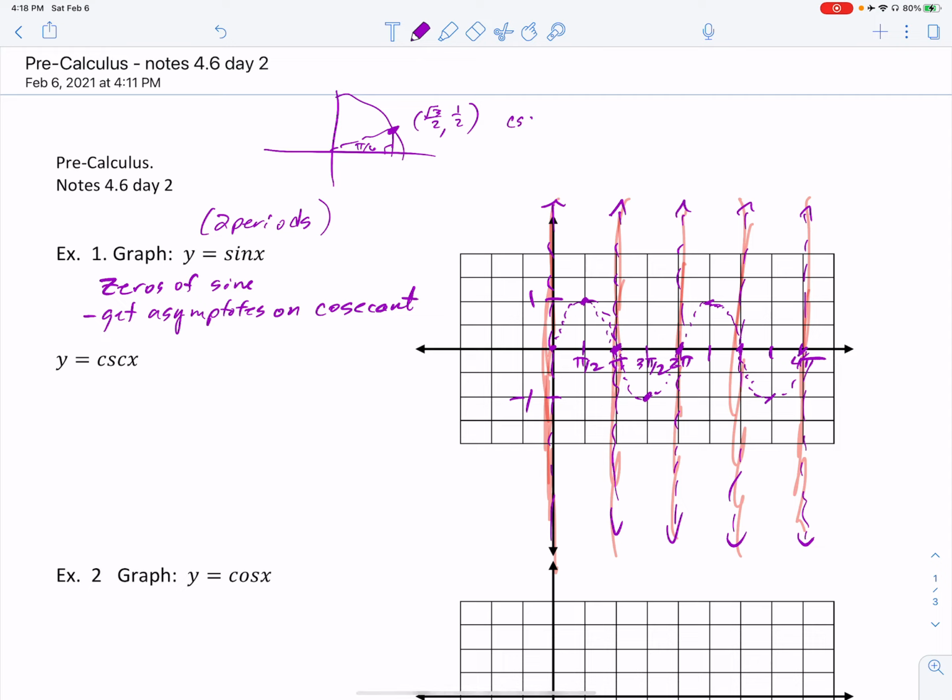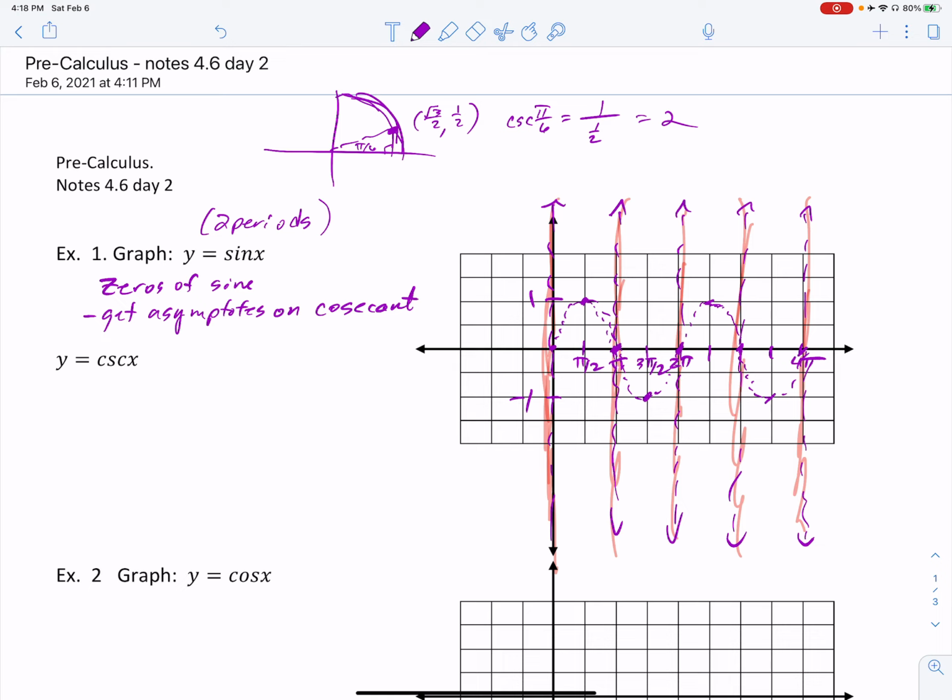So the cosecant of pi 6 is going to be 1 over the y coordinate, and it's going to be 2. And that's what happens all the way as we go through that first quadrant, is when you do the reciprocal of values between 0 and 1, you get values that are larger than 1.